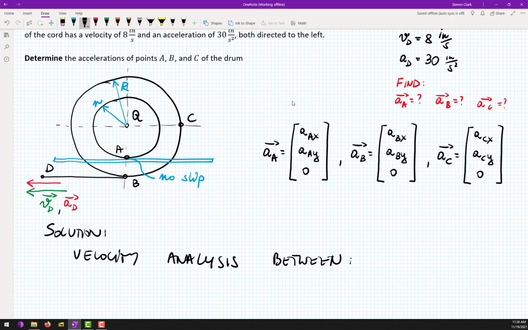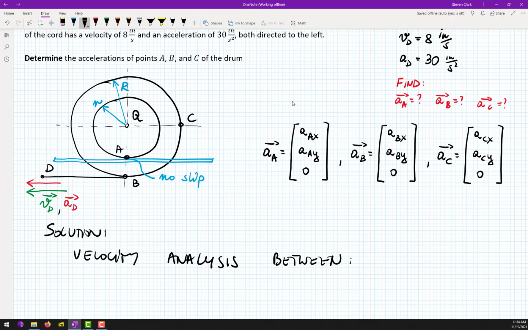Maybe you guys can tell me between which 2 points we should run that velocity analysis. B and C, A and Q, D and C. There is one pair of points that if we run the analysis between them, we will solve it right away. In other words, velocities of which points do you know right away?